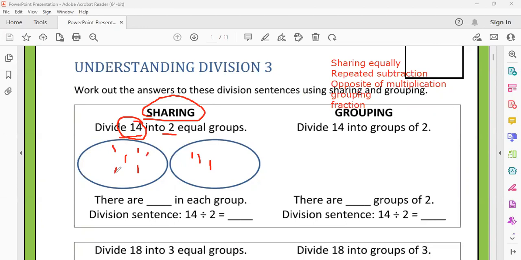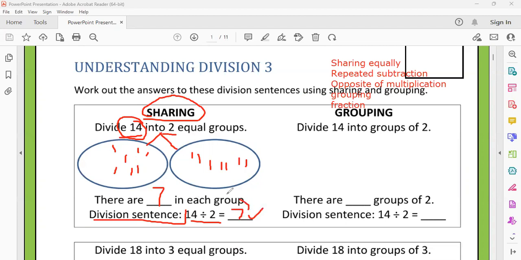And you will realize that you will end up with 7 in a group. 1, 2, 3, 4, 5, 6, 7. So there are 7 in each group. So the division sentence here would be 14 divided by 2. 14 divided by 2 gives you 7.